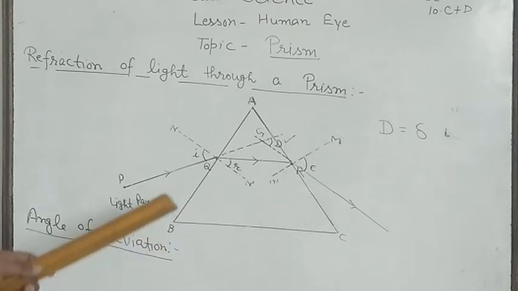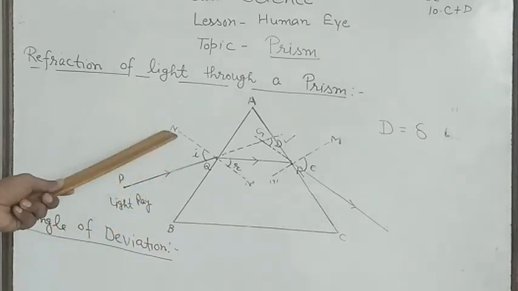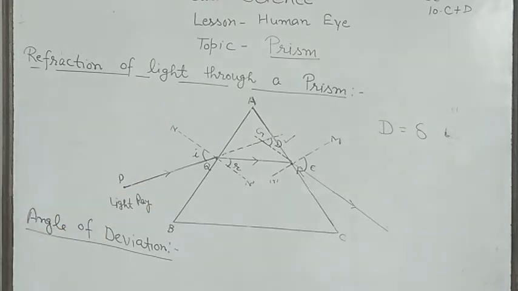If the angle of incidence i of the incident ray on the prism is increased, the value of the angle of deviation is less initially, and it is minimum for a particular angle of incidence.